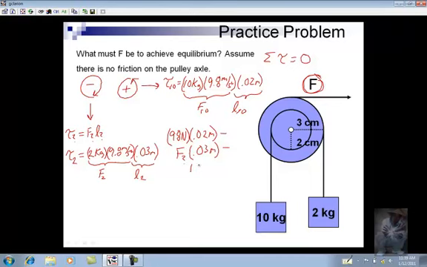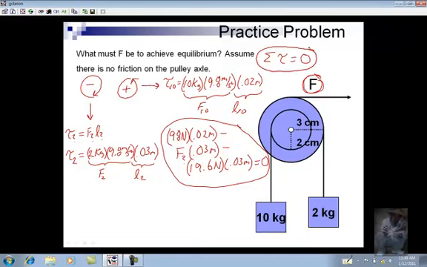So 19.6 newtons times this lever arm of 0.03, and that equals 0. So this equation that I'm circling is a representation of the fact that the torques equal 0.